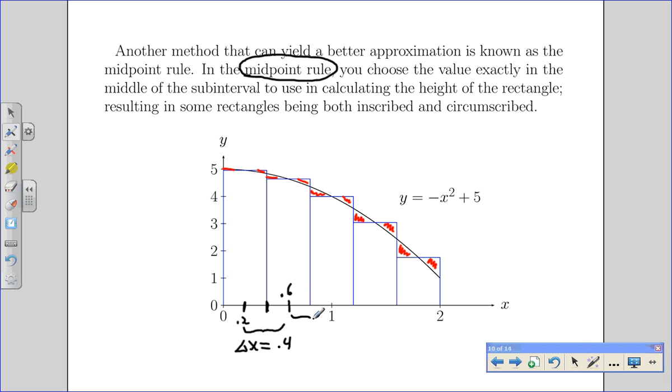And then you come here to 1, and then 1.4, and then 1.8. So, area 1 plus area 2 plus area 3 plus area 4 plus area 5.